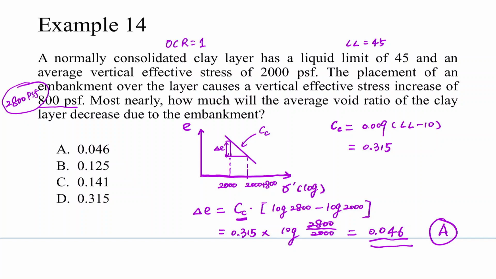It's not asking specifically for the settlement, but we do have the equation to convert the change of the void ratio to the settlement. In that case, you have to know the thickness of the clay layer. But anyway, that is this problem. We're going to practice more in the next few examples.